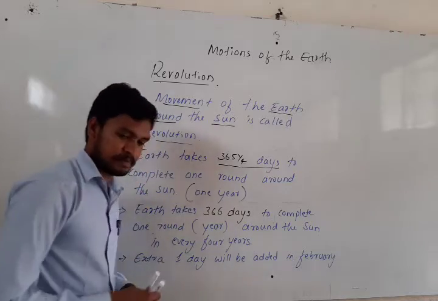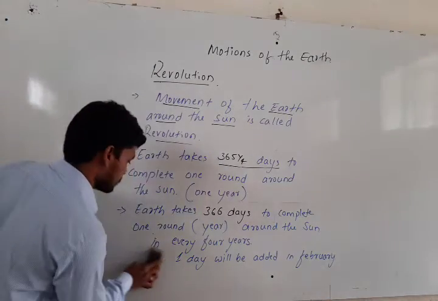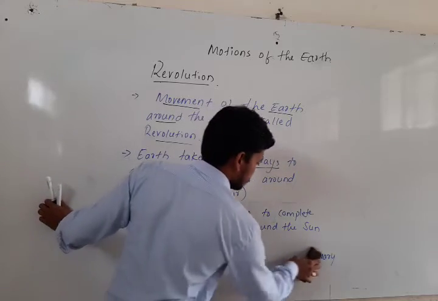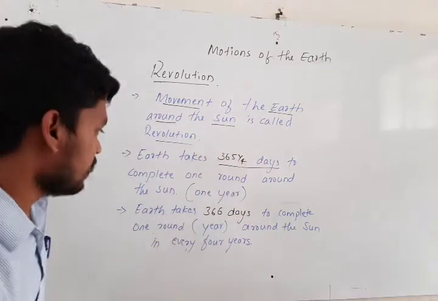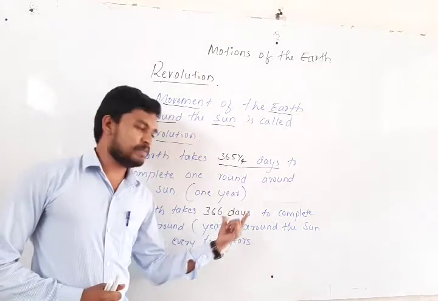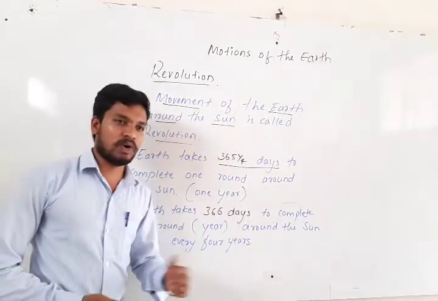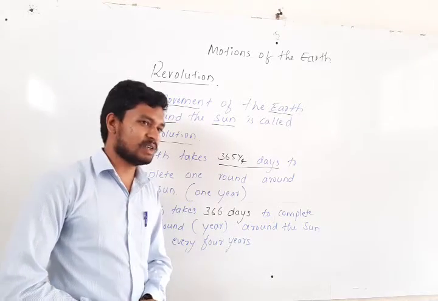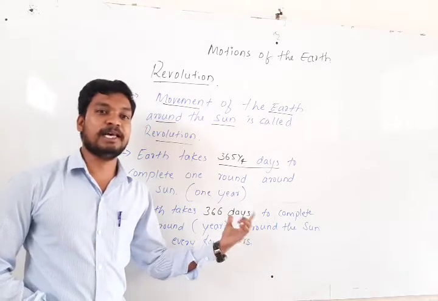So we'll write that point. When Earth takes 366 days to complete one round or one revolution around the sun, it's called a leap year.